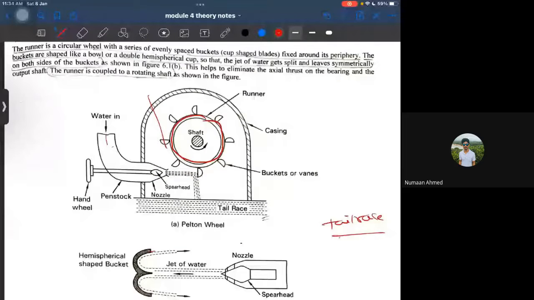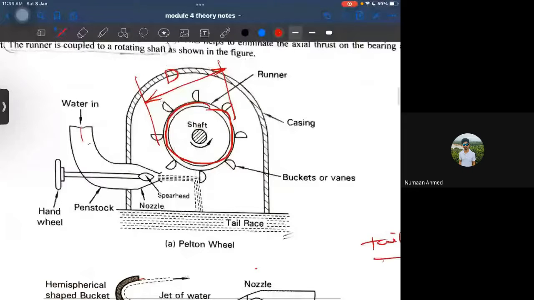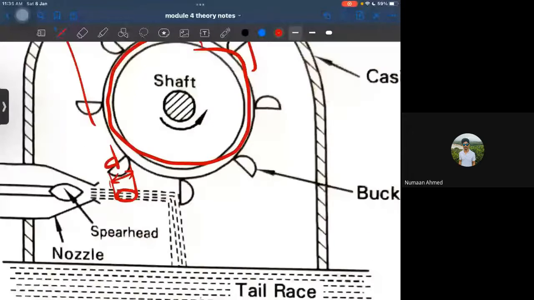And what is the diameter of the jet? If you observe closely and zoom in, the jet of water is coming. If I mark a circle and calculate the diameter of that particular circle, this becomes the small d, the diameter of the jet. Understood?